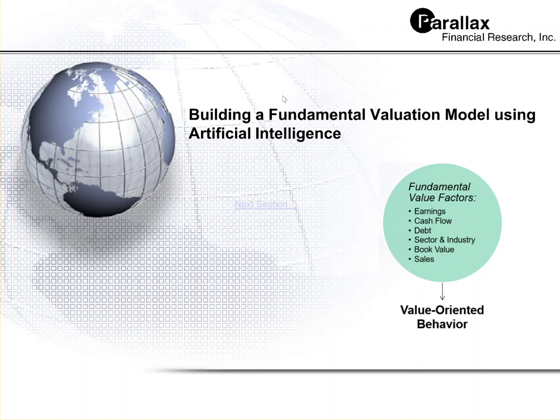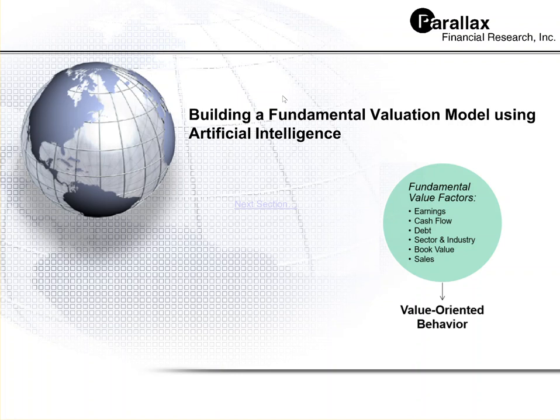I thought that the fundamental analysis using neural nets was the way to go. At the time, this is back in 1990, very few people were using AI, but I still think it's the best way to do it.